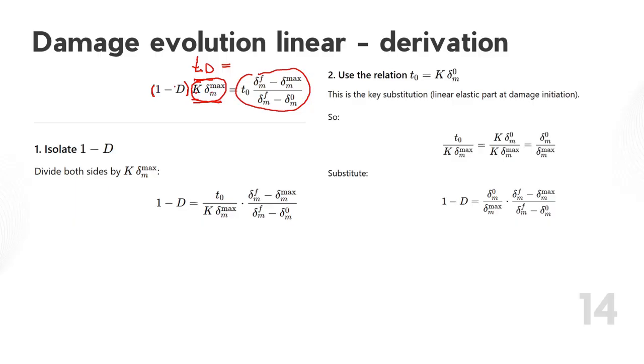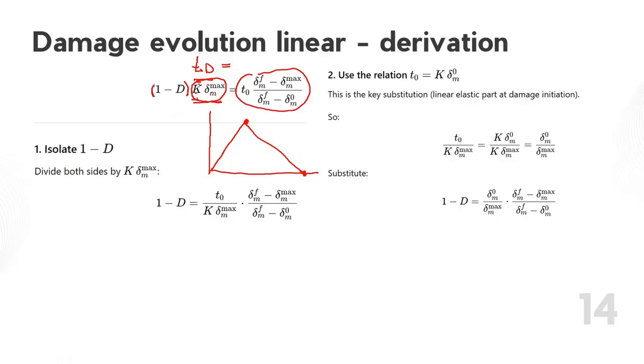Once d is equal to 0, it's like K times delta m max, so you're at the point of damage initiation, and it will be your traction. Once the damage is equal to 1, you will receive 0, which is basically the point of your failure mode.